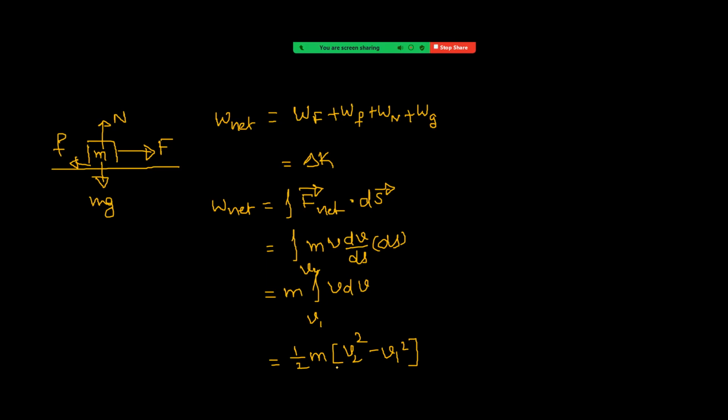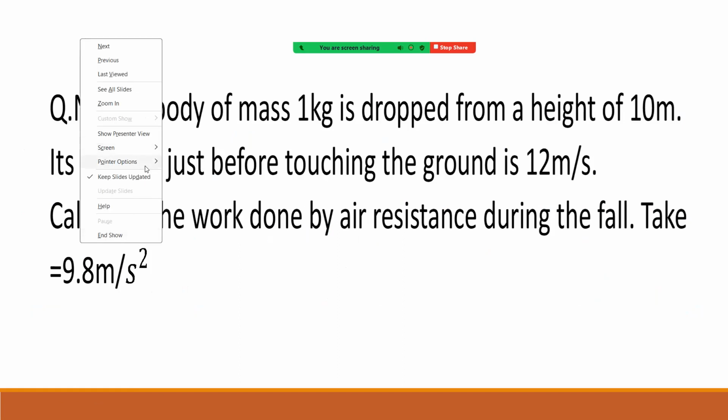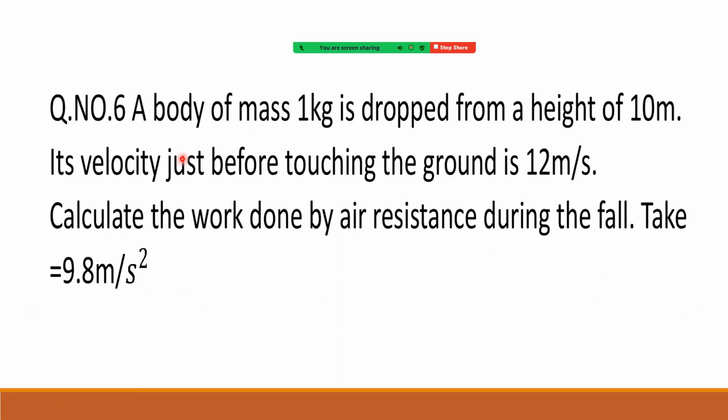Let us now see problems based on this to get more clarity, meaning how to apply it. See what the question is. A body of mass 1 kg is dropped from a height of 10 meter.